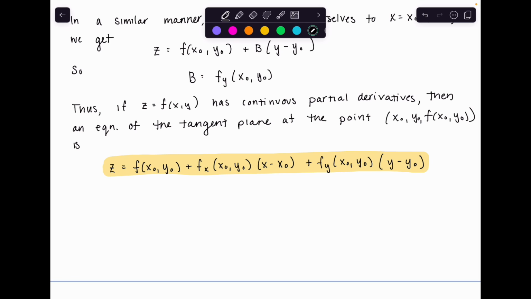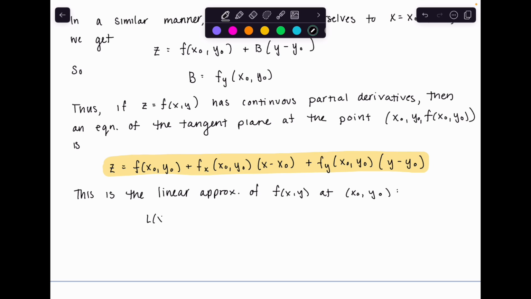So this gives us the equation of the tangent plane now, and what that lets us do is for points near x naught, y naught, we can go ahead and figure out what z is roughly equal to. And it's linear because the x and y terms are first degree powers. So this is the linear approximation of f at the point x naught, y naught.